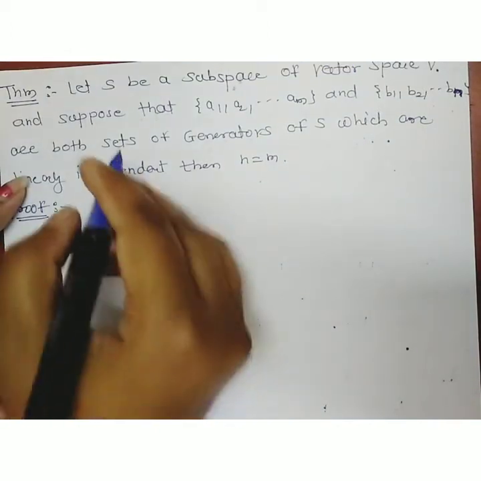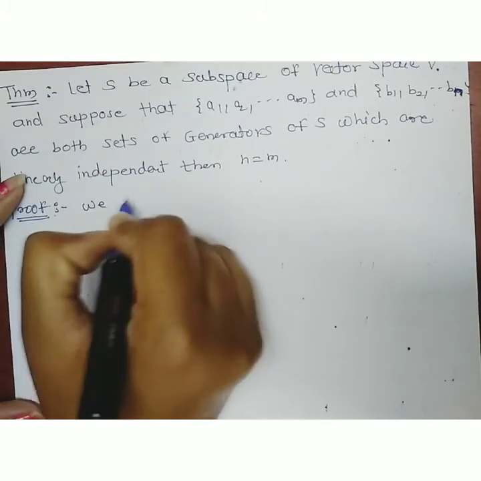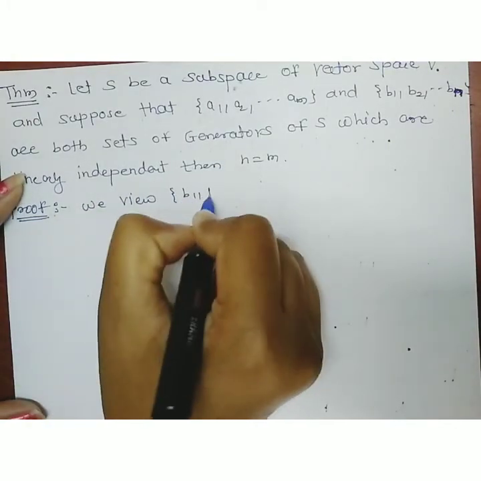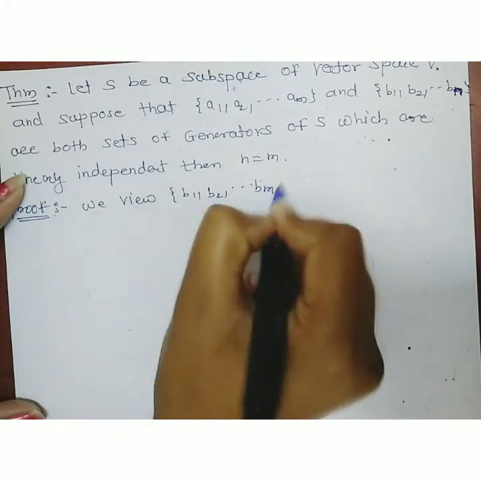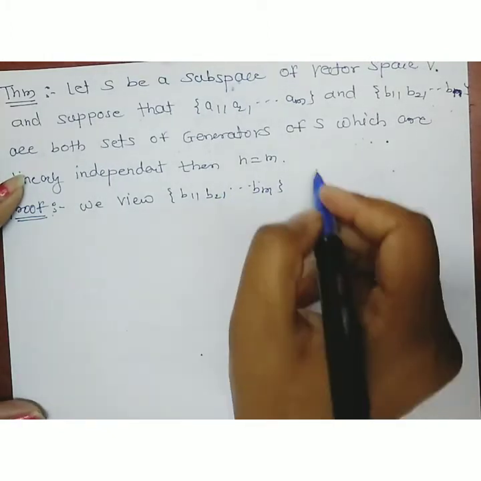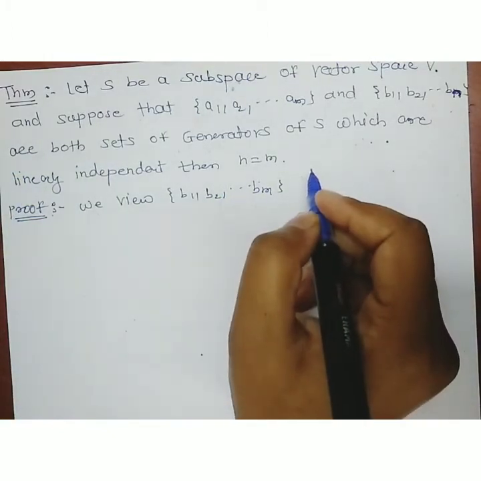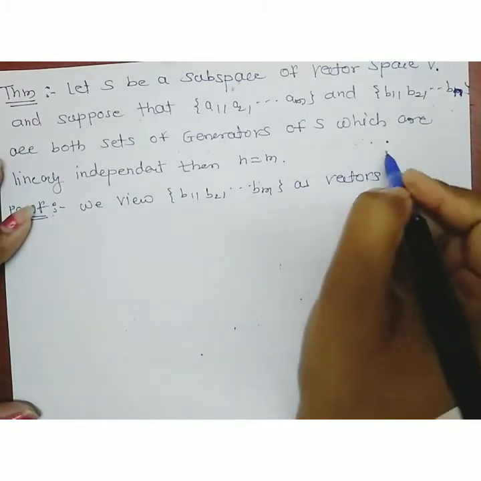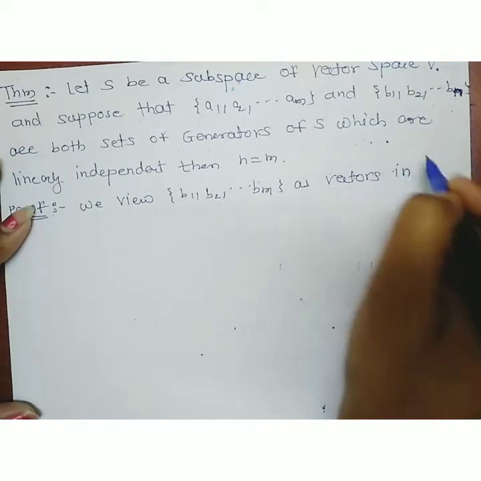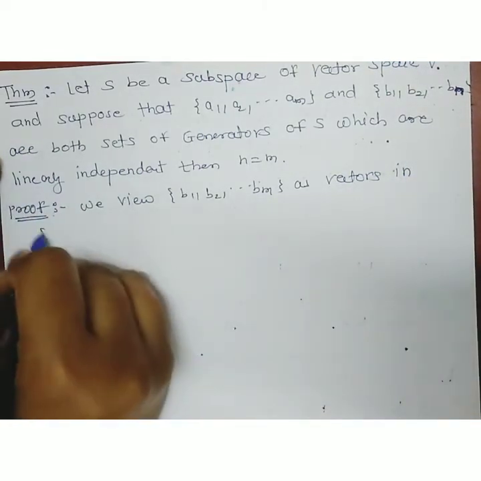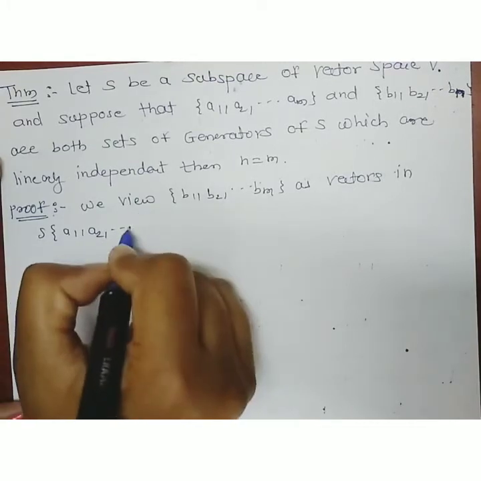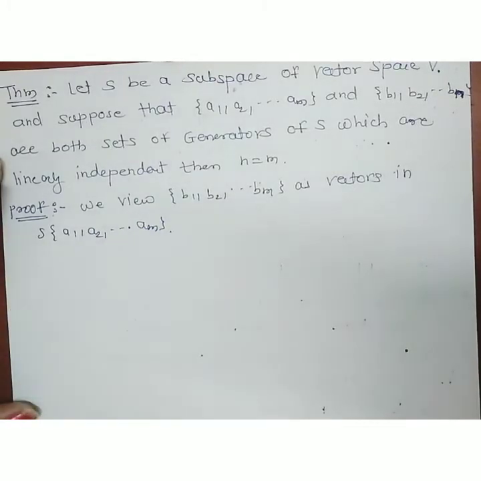Proof: we view the set of vectors B1, B2 up to Bm as vectors in the span of A1, A2 up to Am.